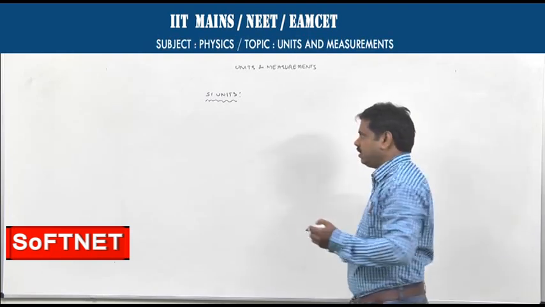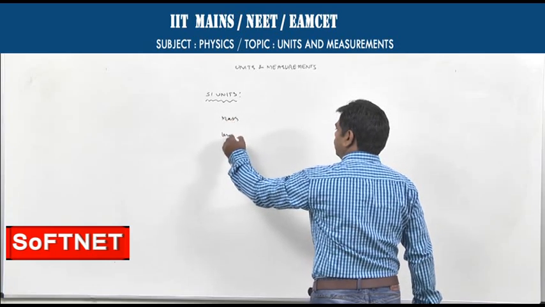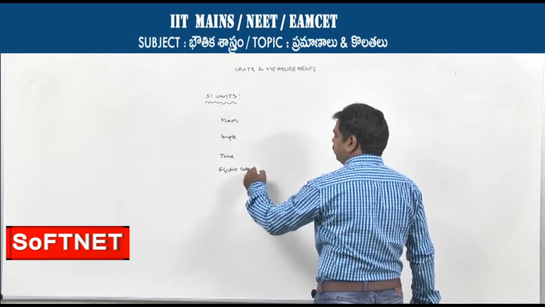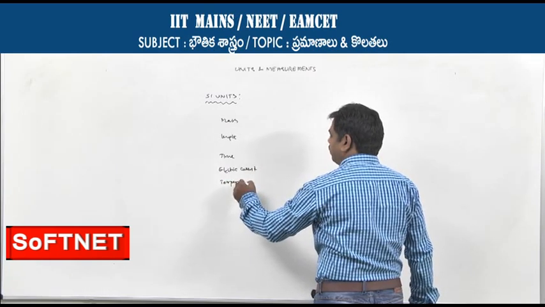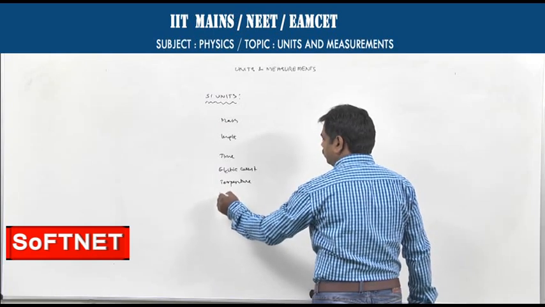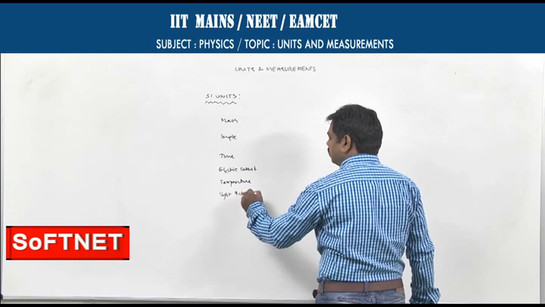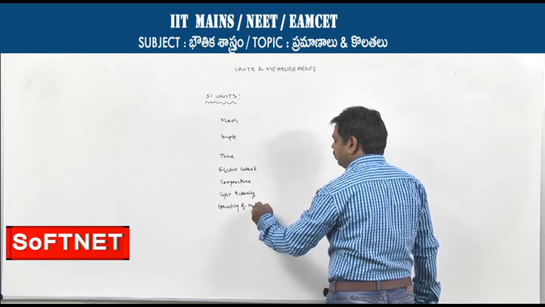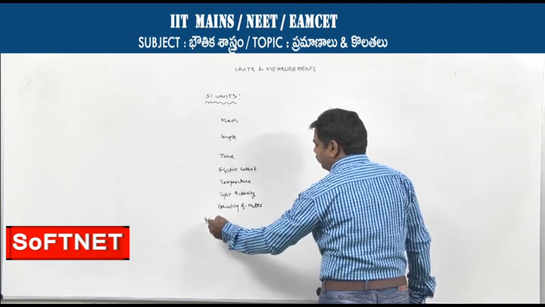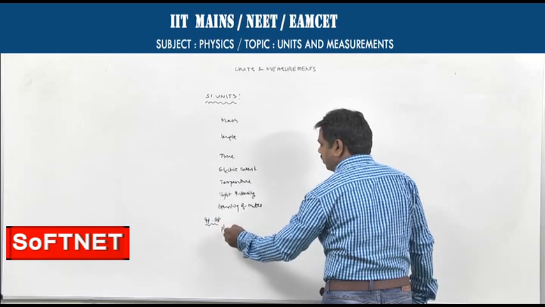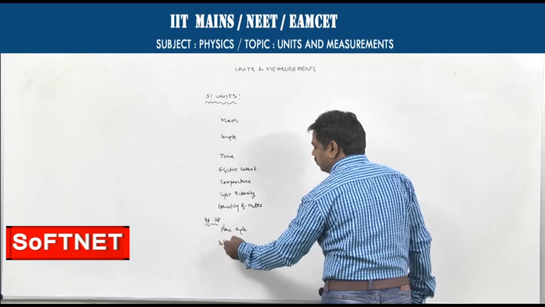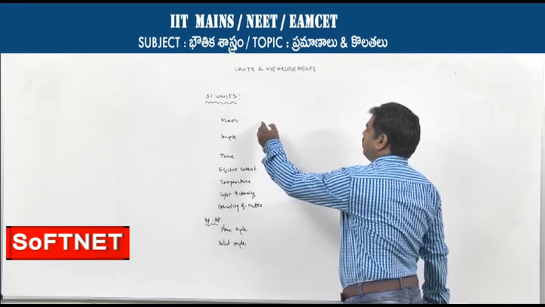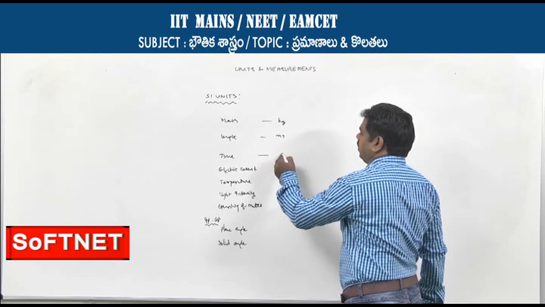The 7 fundamental physical quantities are mass, length, time, electric current, temperature, light intensity, quantity of matter, and the 2 other supplementary quantities are plane angle, solid angle.